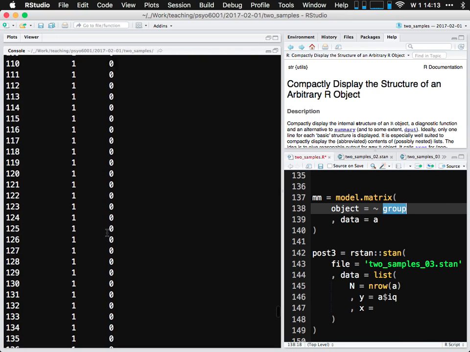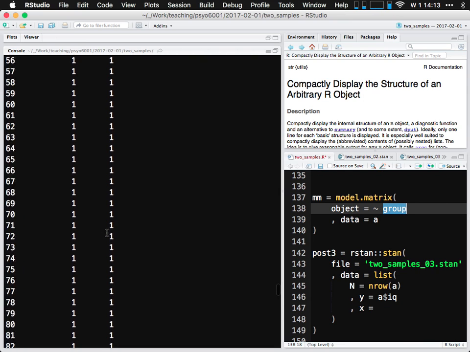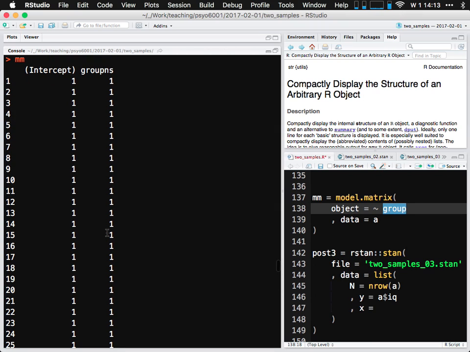It has automatically added in an intercept for that. Question: what does the intercept represent? It's just trying to be helpful, adding something that we will actually use in a moment. I just want to build up to it first. Okay, sorry.